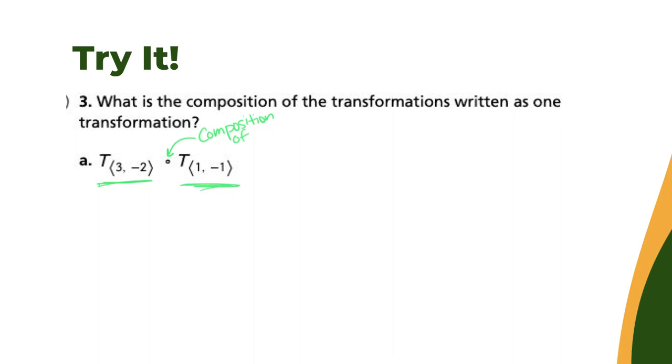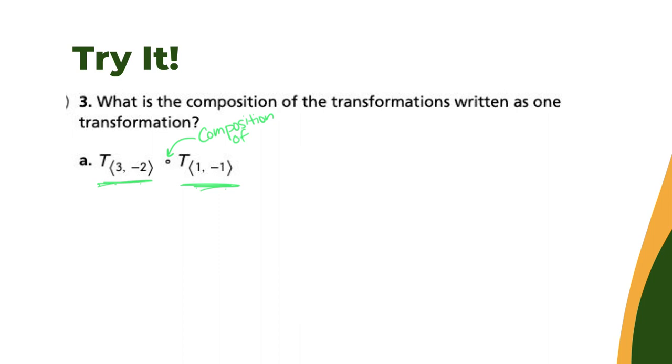So how could you guys write this? Imagine you're first going to move your feet or a step or some lizard, something. You're going to move it to the right 3 and down 2, and then you're going to move it to the right 1 and down another 1. So go ahead and answer the question, and then I'll tell you what the answer is.